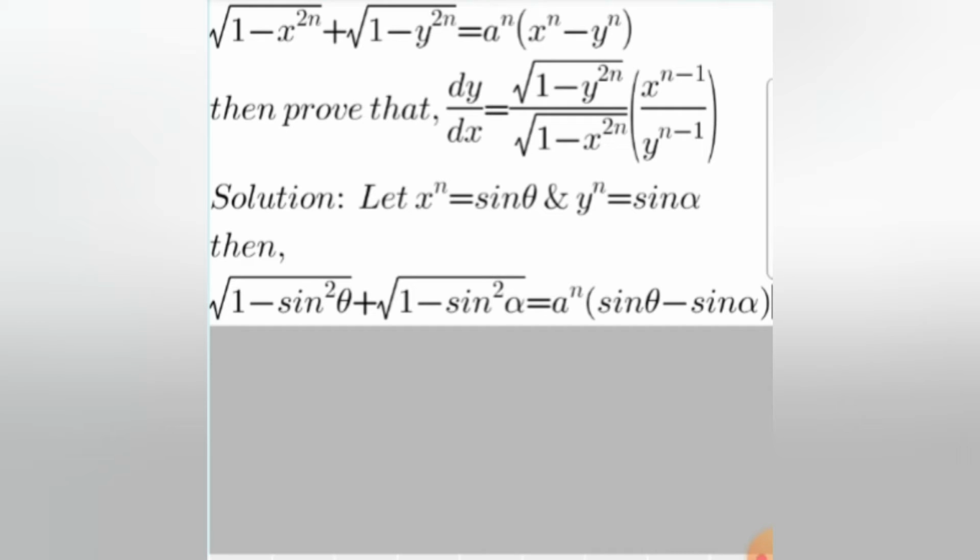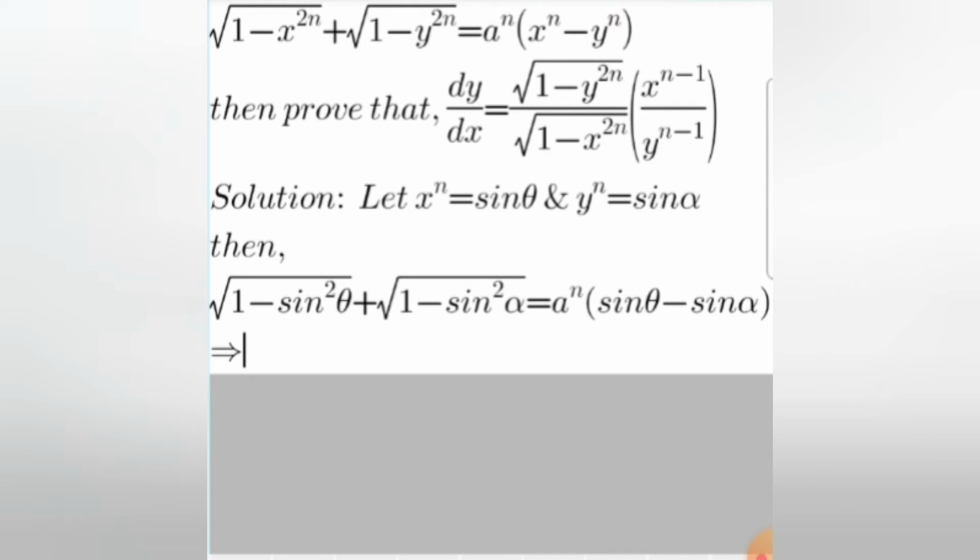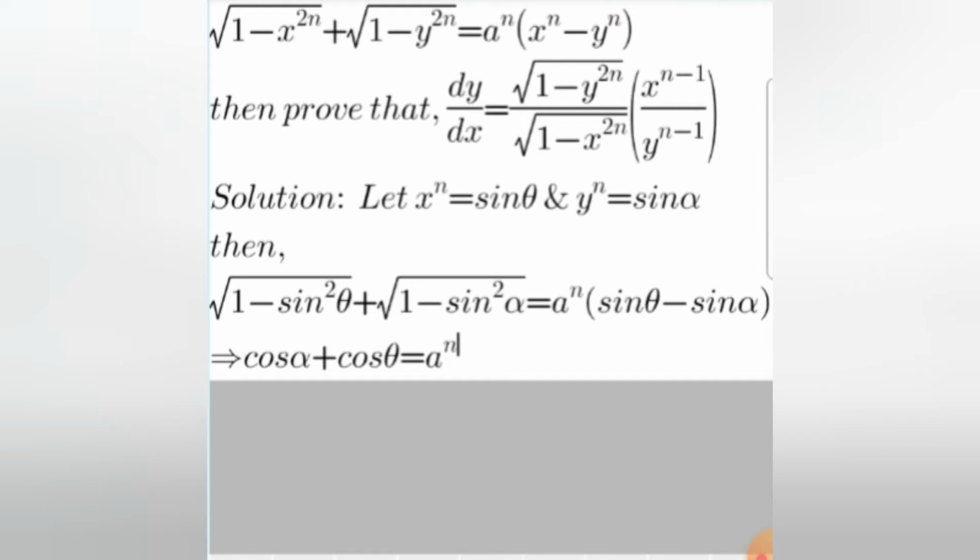This implies that cos theta plus cos alpha equals a to the power n within the bracket sine theta minus sine alpha.